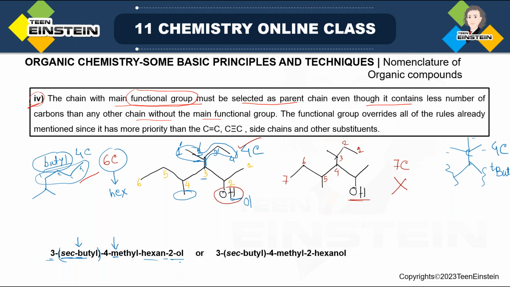But as there is a functional group, you have to omit this E. Now sometimes it is also written like this, that is 2 is mentioned before hexanol, and here it is hexane then 2-ol. So better you choose this one, because according to IUPAC, this one is preferred. Though I am not saying this is wrong, but nowadays this one is preferred, hexan-2-ol. And these two are basically substituents at 3 position and 4 position.